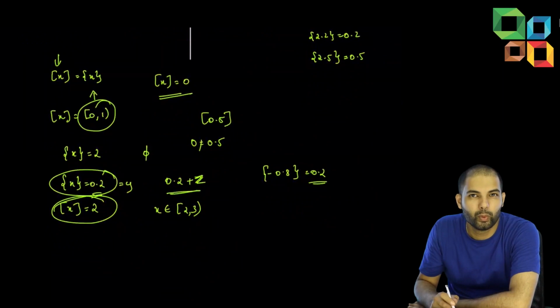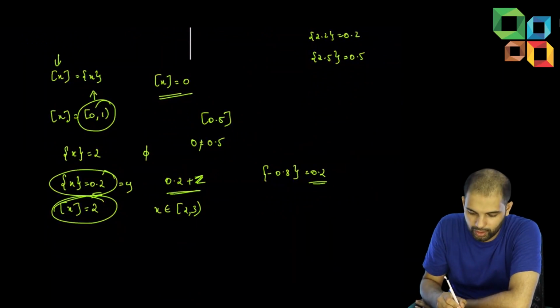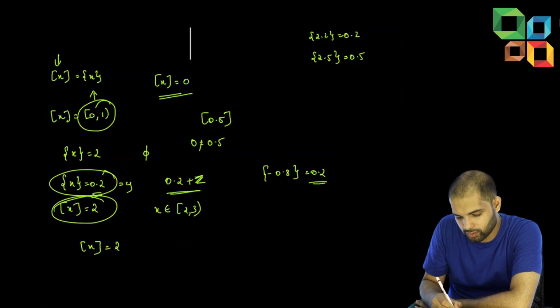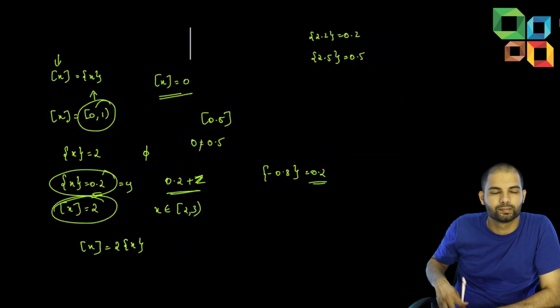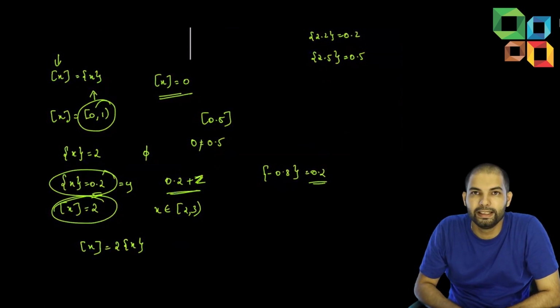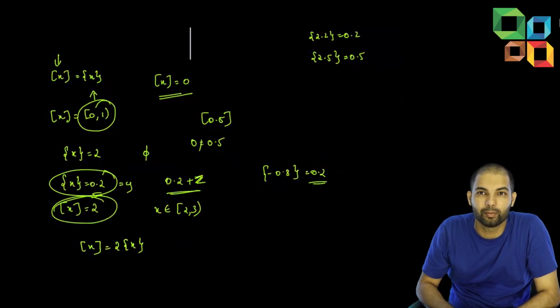So one difficult problem here, let's see if we can solve: integer part of x is equal to twice fractional part of x. Now, are there any solutions here?